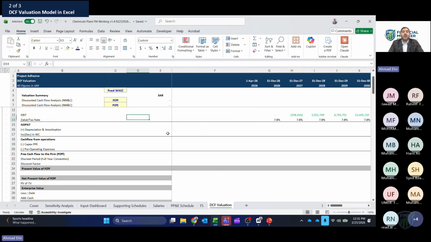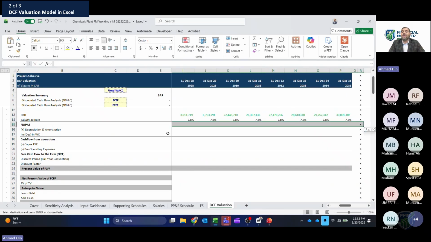Then we calculate net operating profit after tax. The tax or Zakat calculated in the financial statement we are not taking at this moment, because we are going with the FCFF. If we take that Zakat, it will have an impact on finance cost as well. So here we are going from the EBIT, earnings before interest and tax, and then we will make it NOPAT, net operating profit after tax.